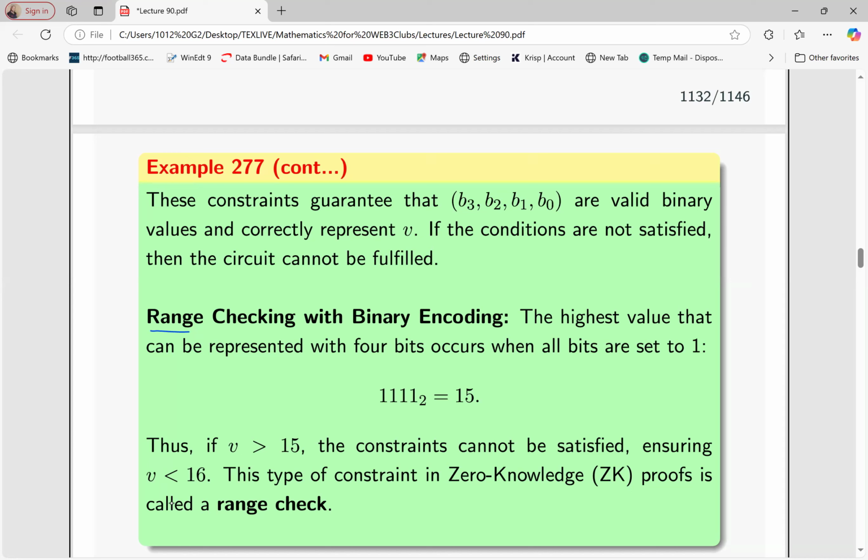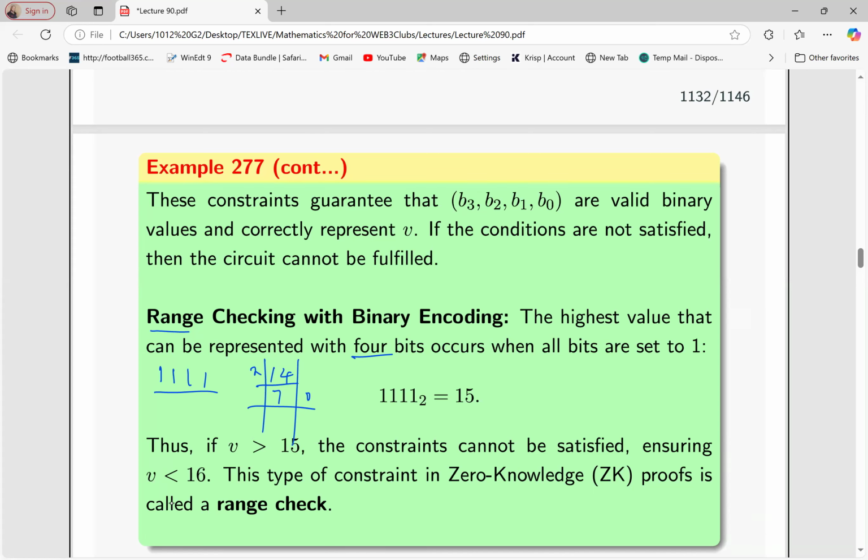So the highest value that can be represented for 4 bits would be this, and this is 15. Because 14 will be less than it, it will not be this. What would be 14? 2 goes into 14 seven times, the remainder will be 0.